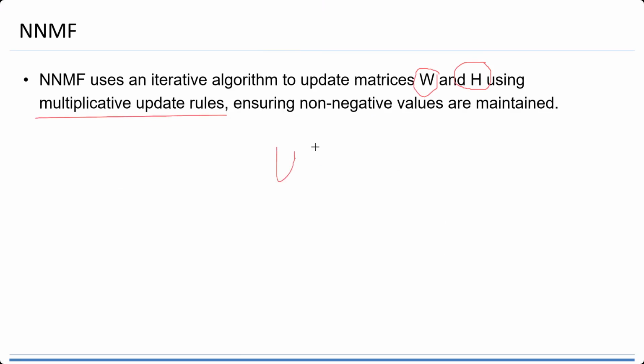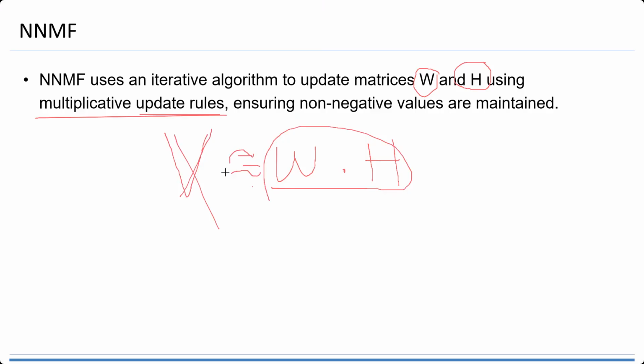So the W will be multiplied with H, and then we will do the updating until this multiplication equals the matrix V. Before I mentioned X. So until it is equivalent to the matrix X, ensuring the non-negative values are maintained.